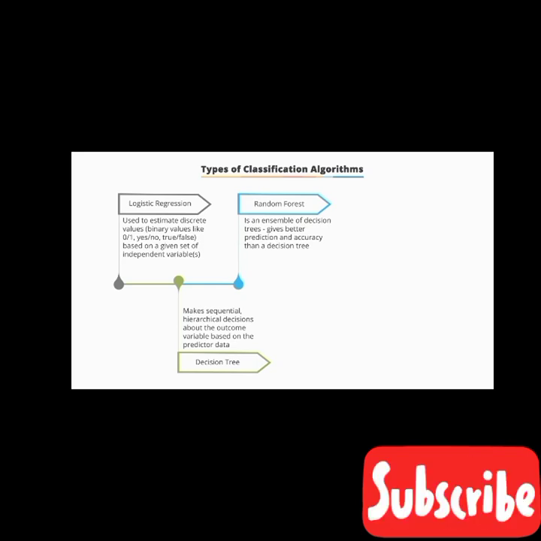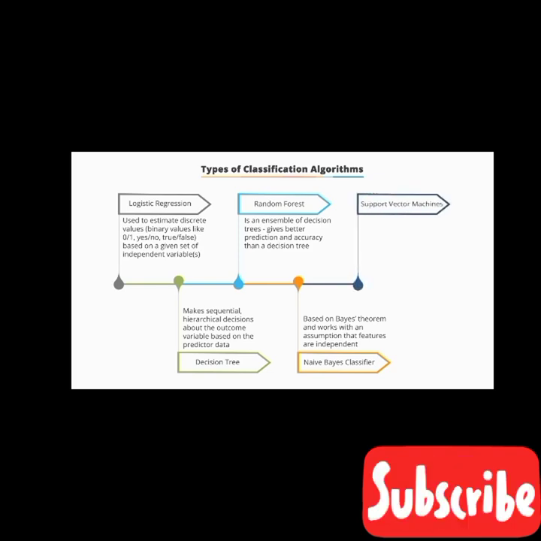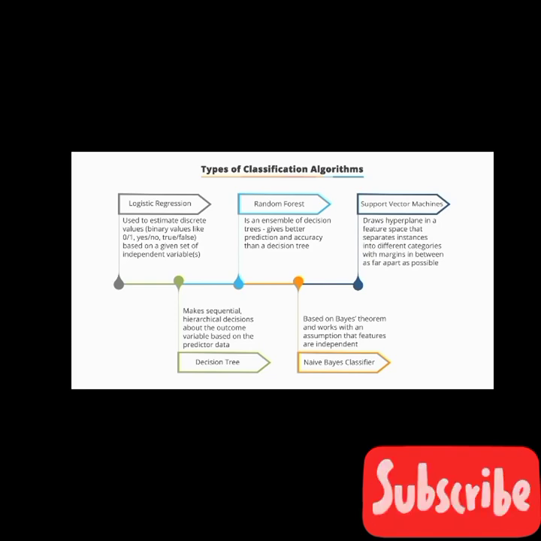It gives better prediction and accuracy than decision tree. Naive Bayes classifier. It is based on Bayes' theorem and works with the assumption that features are independent. Support vector machines, SVM, draws a hyperplane in a feature space that separates instances into different categories with margins in between as far apart as possible.